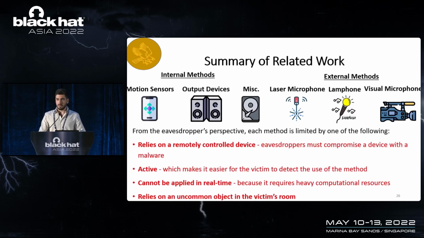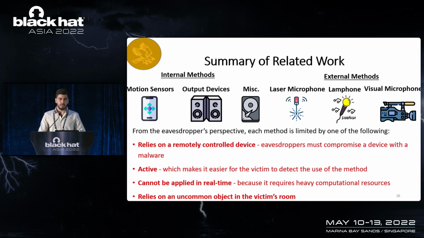So, in general, if I have to summarize this whole section of related work, I will say that each of the methods or attacks that I have shown you today is limited by one of the following aspects. Some of them rely on a remotely controlled device, which means the eavesdropper must compromise a device near the victim. Some of them are active, which makes it easier for the victim to detect the use of the method.